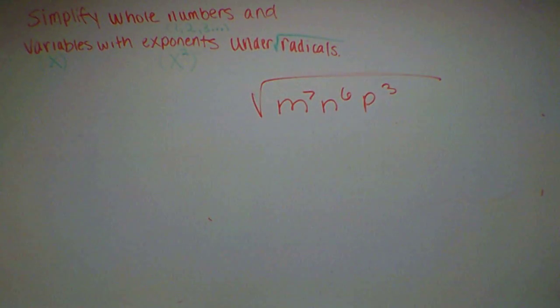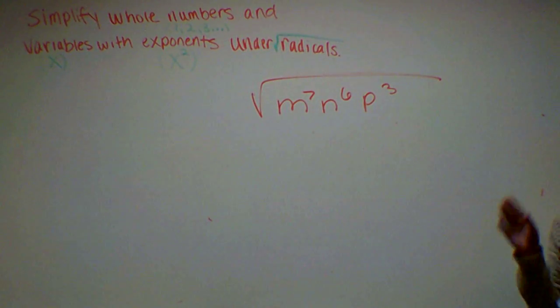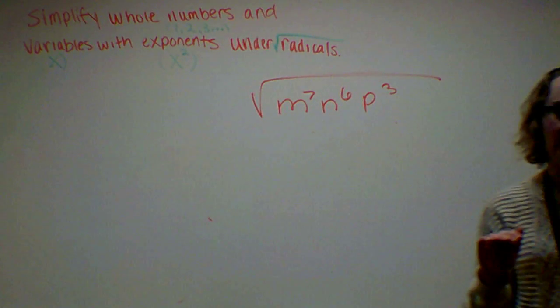Square root of m to the 7th, n to the 6th, p to the 3rd. Do I have to write them out every single time, or could I just skip them? If you can figure out a shortcut, do it.